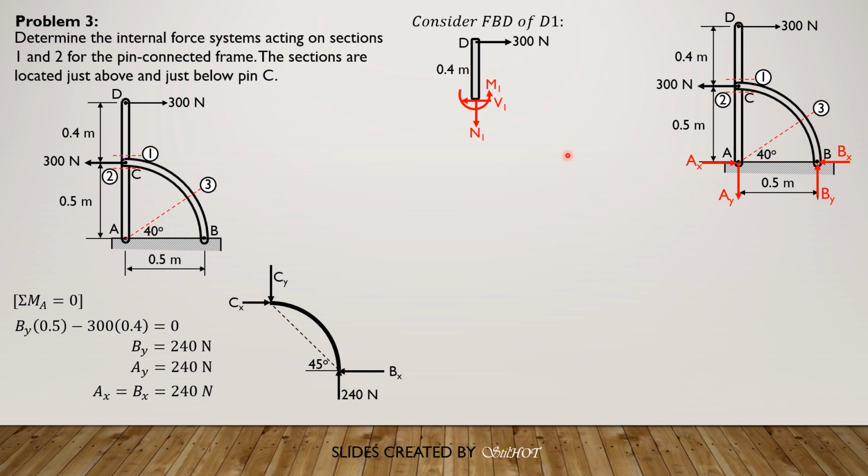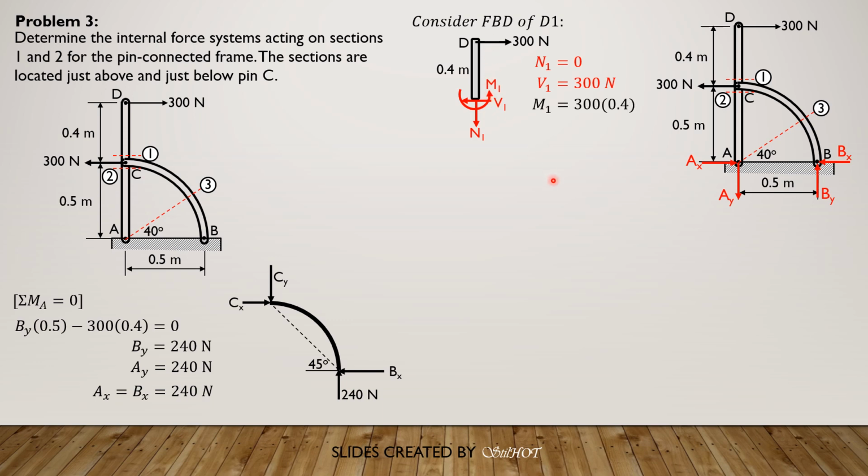So obviously, if you sum up forces, vertical equals 0, so N1 is 0. Then summation forces X equals 0, so shear 1 is equal to 300 newtons. Then summation moment about section 1 equals 0, so M1 counterclockwise minus 300 times 0.4 equals 0.